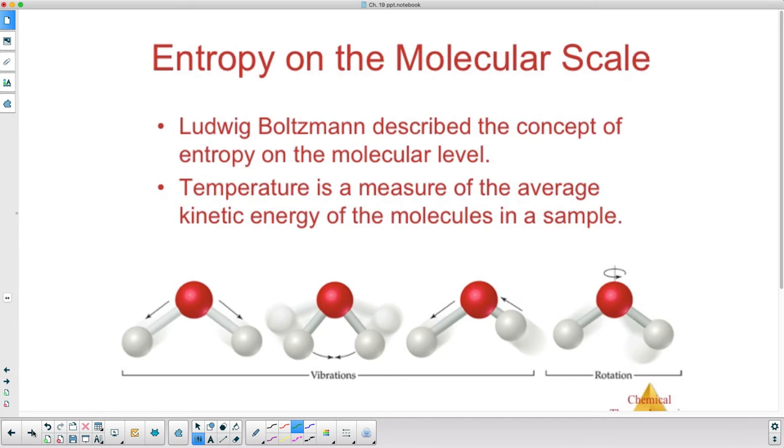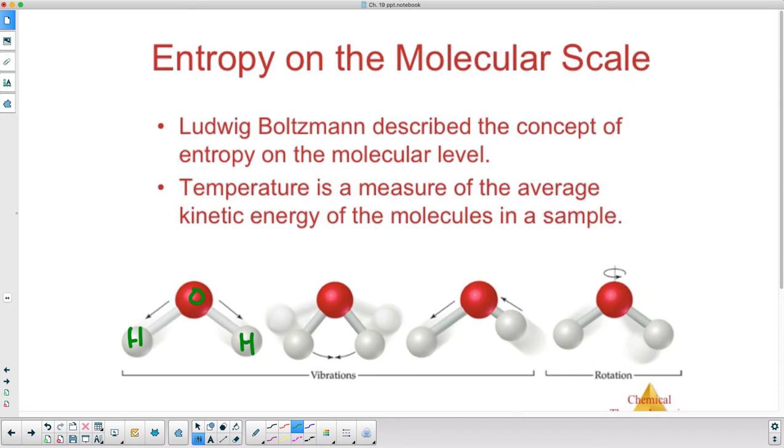Notice you have a situation where the two hydrogen atoms here, this is oxygen, are moving away from the oxygen atom. That's one motion. Another one is when they vibrate back and forth. Another one is when one goes in, the other one goes out, and when the whole thing spins.